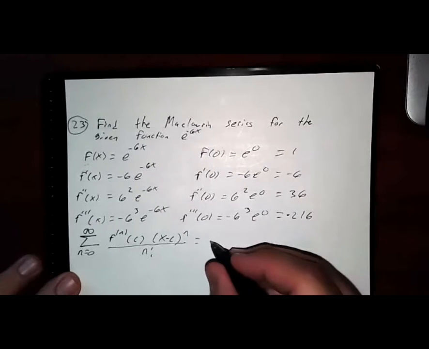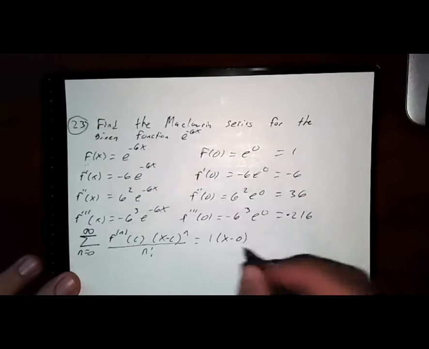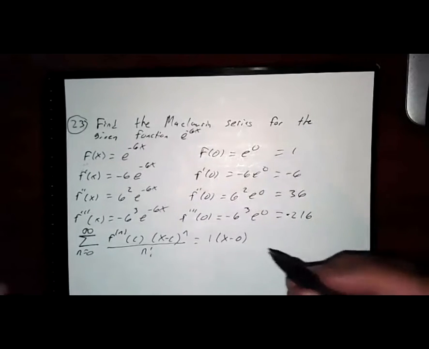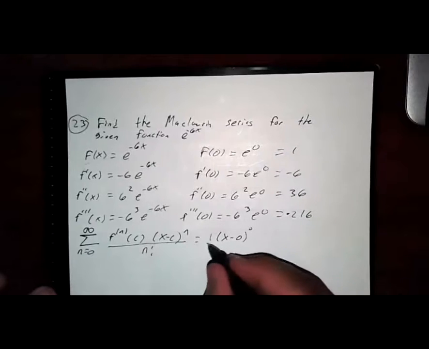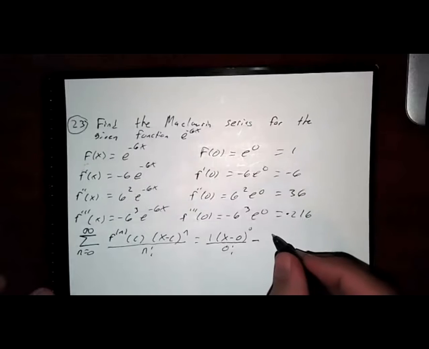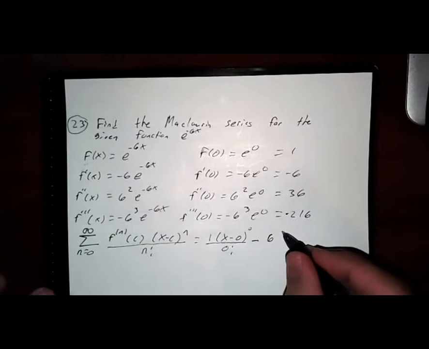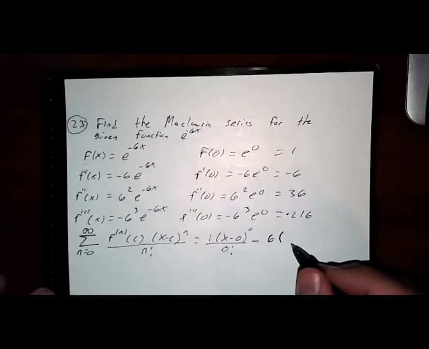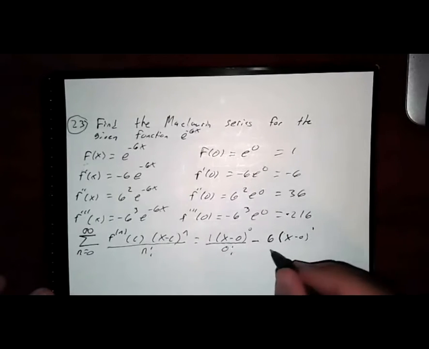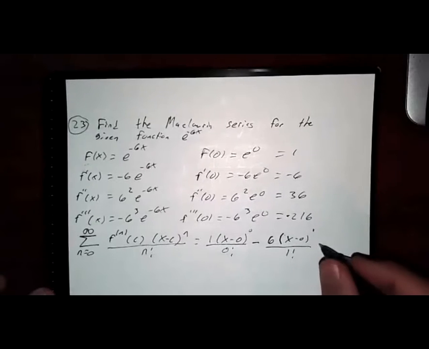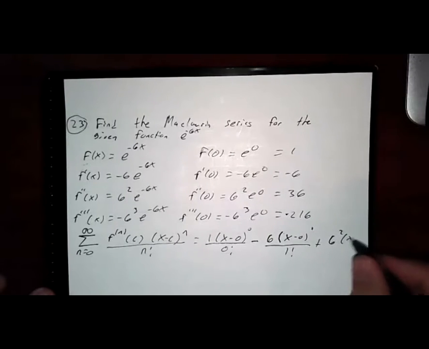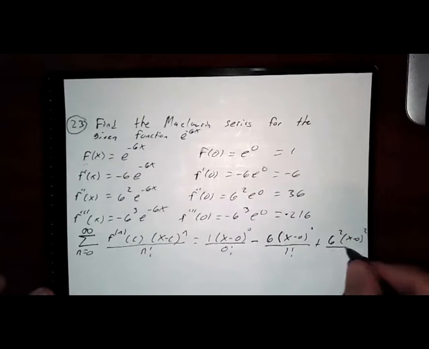So that'll be 1 times (x minus 0) to the 0 power over 0 factorial, because 0 is c, because this is a Maclaurin, minus 6 times (x minus 0) to the first over 1 factorial plus 6 squared times (x minus 0) squared over 2 factorial.